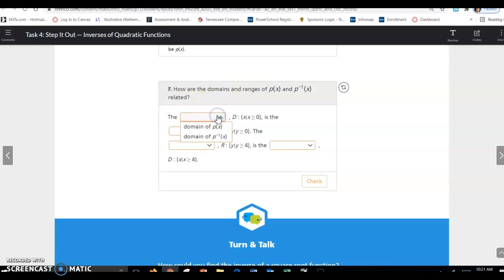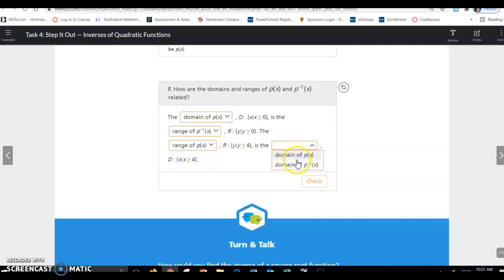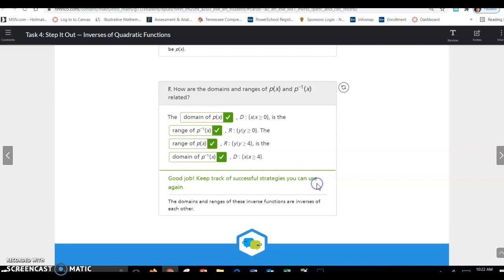So the domain of p of x, where x is greater than or equal to 0, is the range of p inverse of x, and the range of p of x would be the domain of p inverse of x.